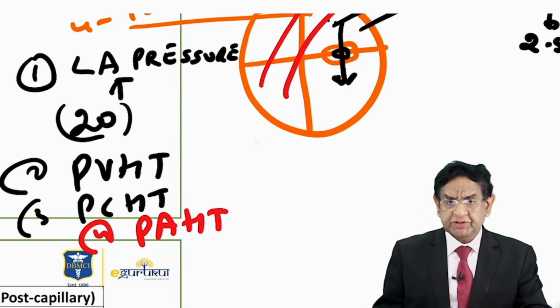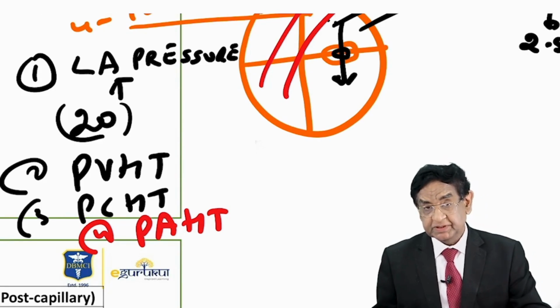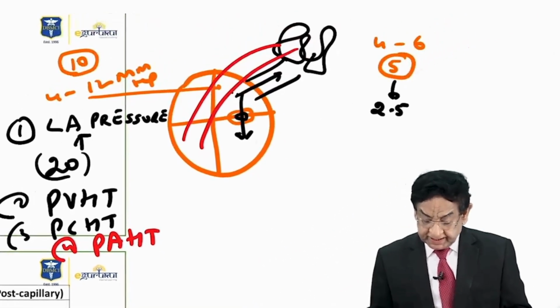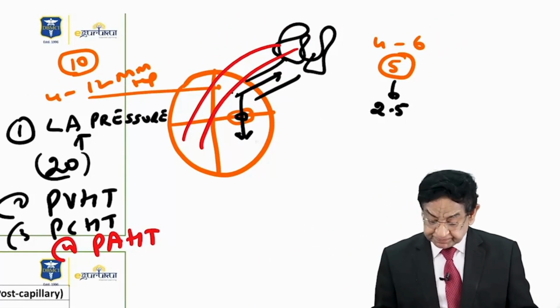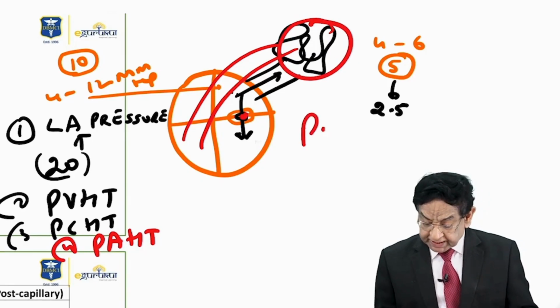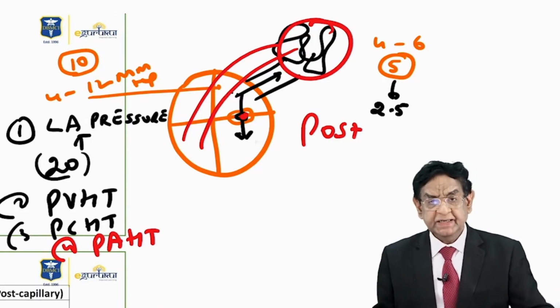This is the sequence of changes that occur in mitral stenosis. Point to be noted that here we are getting PAH. This is the capillary. The problem is here. The problem is post capillary. This is the reason it is behind the pulmonary capillary.